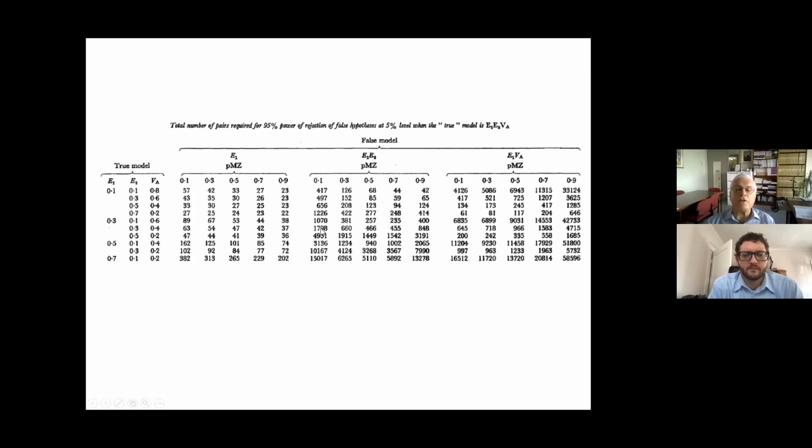But to reject a CE model, you can see you need pretty large numbers. And likewise, to reject an incorrect AE model that omits C, you also need pretty large numbers.